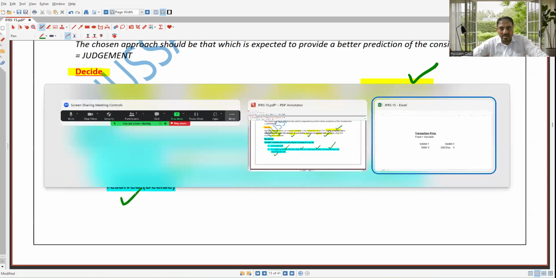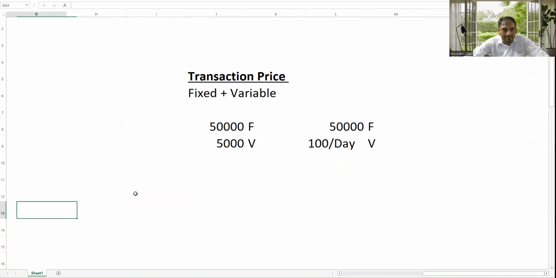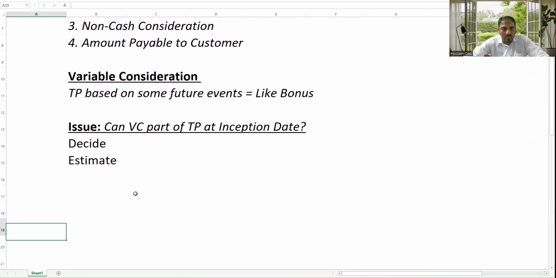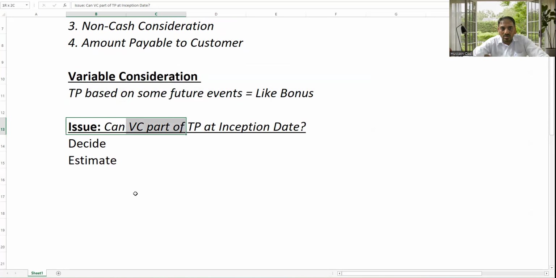First thing is that if we are considering variable consideration to be based on future events like a bonus, can variable consideration be part of the transaction price at inception date? Two things: decide and estimate.